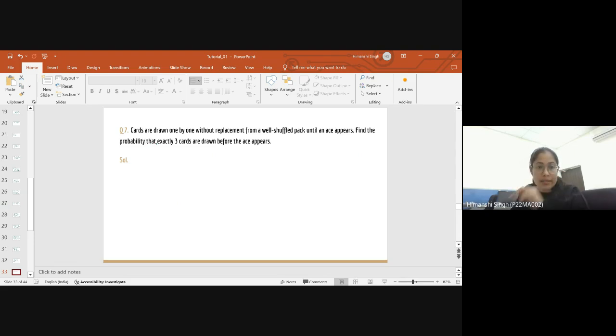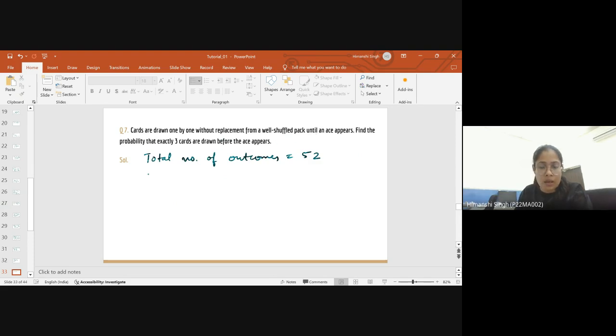Here the question is saying that cards are drawn one by one without replacement from a well shuffled pack until an ace appears. So first of all, we will write the total number of outcomes, which is equal to 52, for drawing a card without replacement from a well shuffled pack.